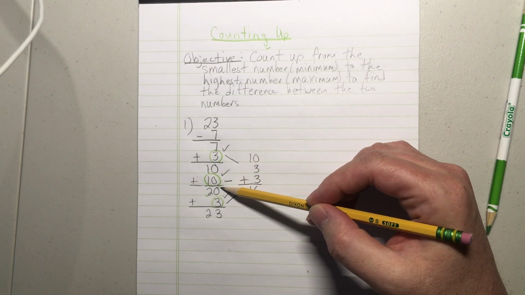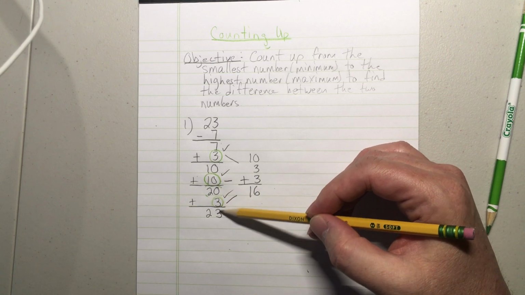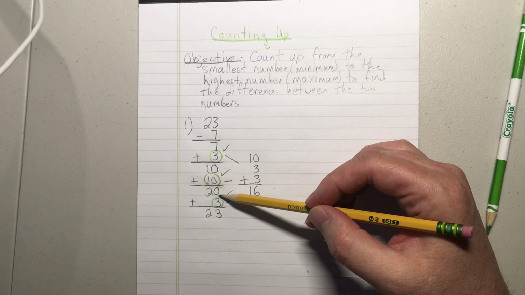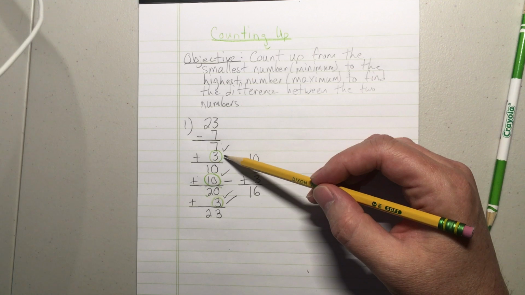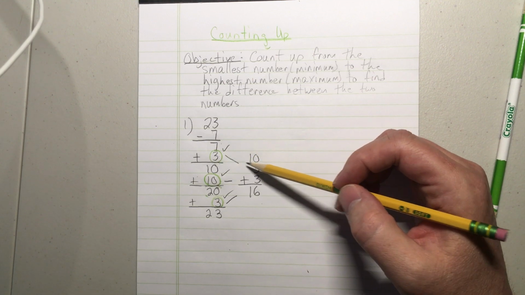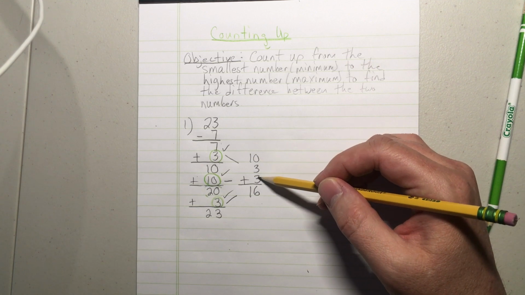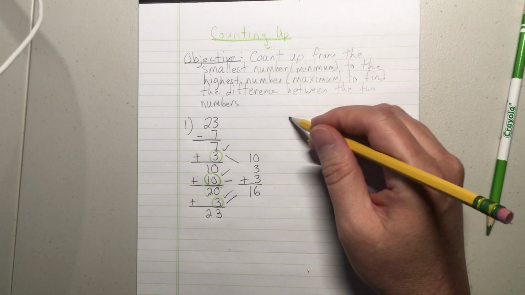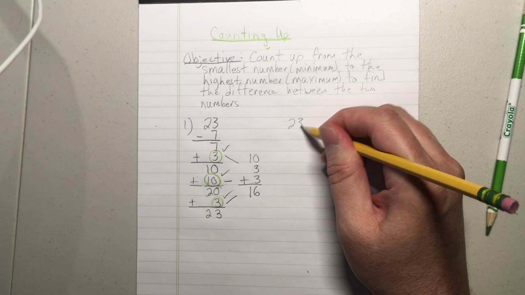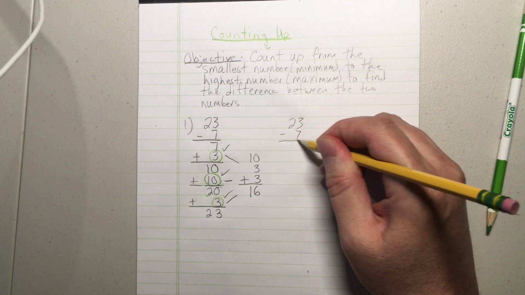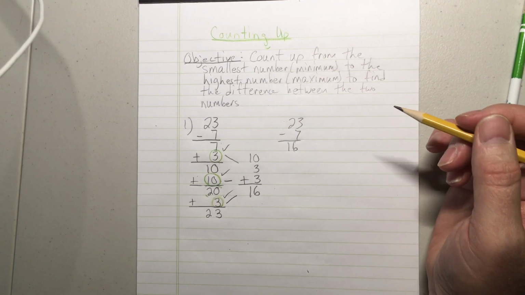Then I'm going to add a 3 to get to 23. I've circled each of these numbers that I added onto it. Those are what are considered partial sums. So now I'm going to add those all together. 10 plus 3 plus 3 equals 16. Okay, so I know that 23 minus 7 equals 16.